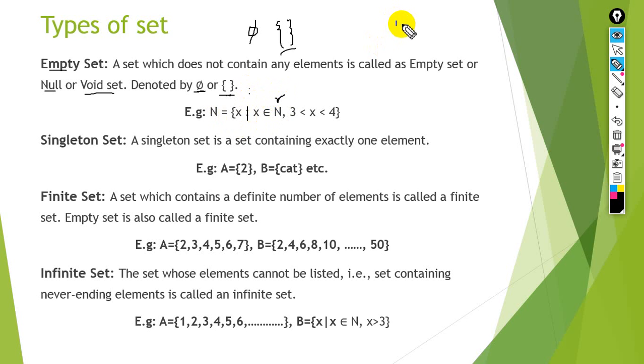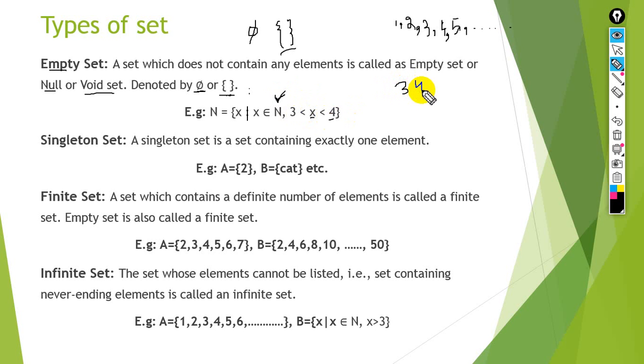Natural numbers are 1, 2, 3, 4 and so on, without a decimal point. The condition says x is a natural number, and x is greater than 3 and x is less than 4.